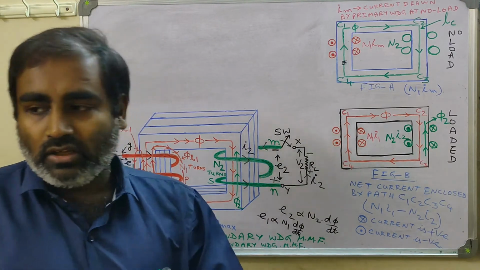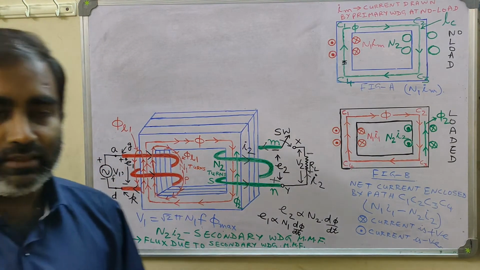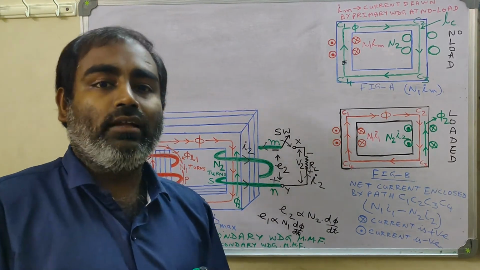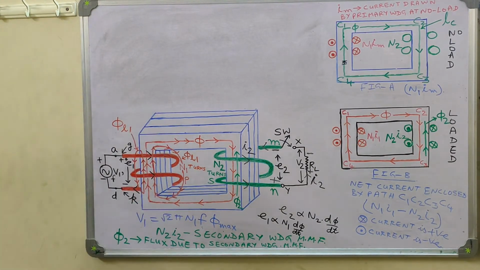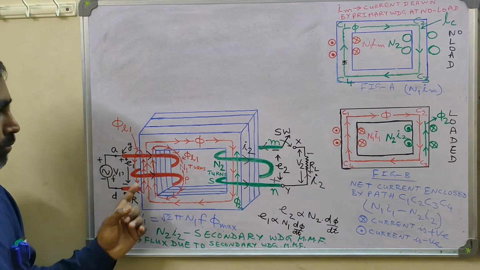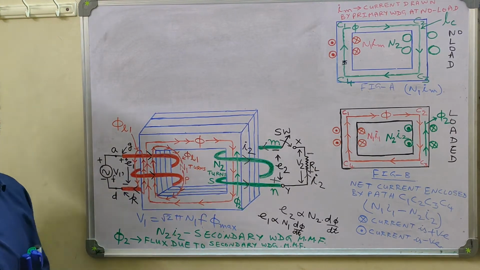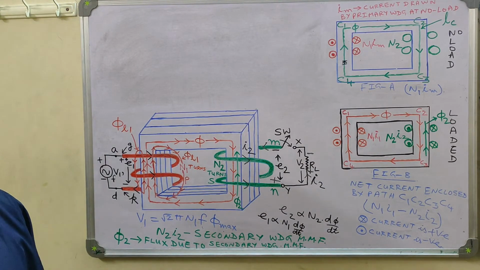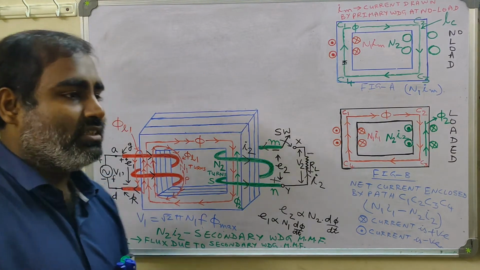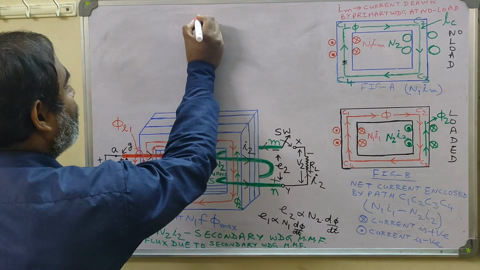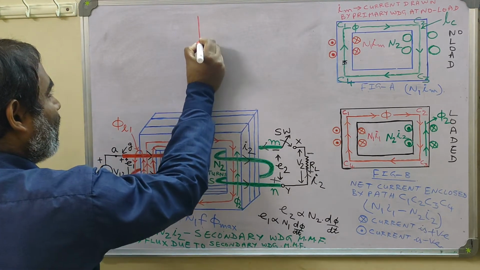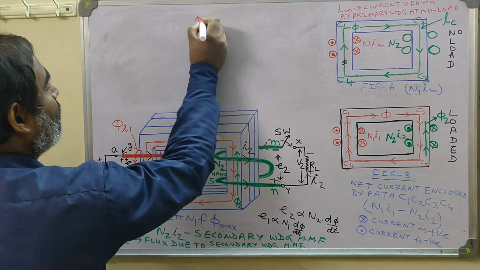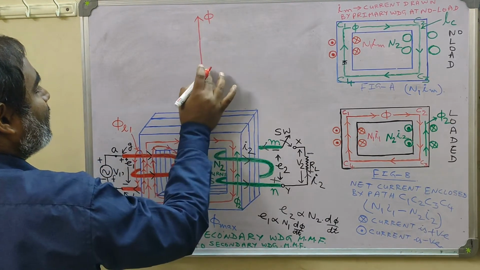So allow me to take the mutual flux phi, which is established through the magnetic core of the transformer, as our reference phasor. That means I will start drawing the phasor diagram by drawing phi, the reference phasor.